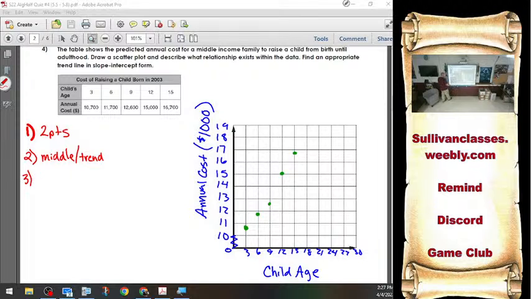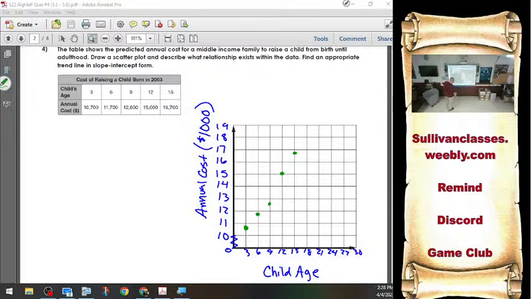And 3, if I can have the same number of points on either side of the line, then that will help that I'm down the middle of my data. Okay, so those were the 3 things to keep in mind as you make a trend line.